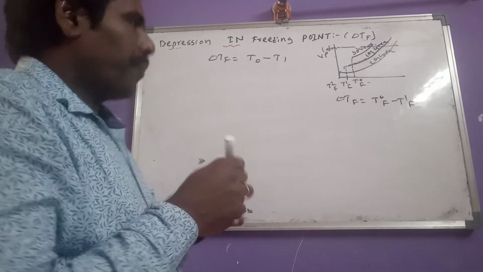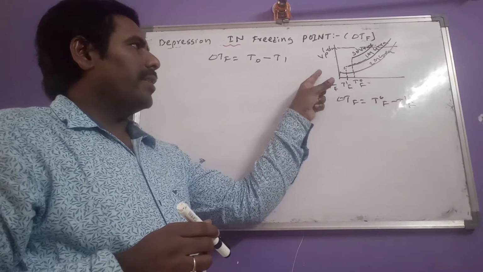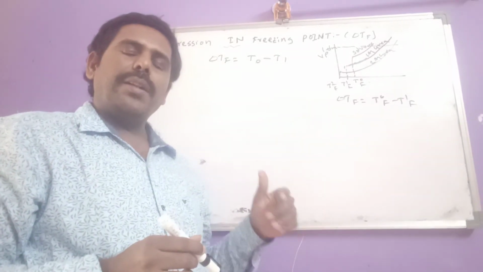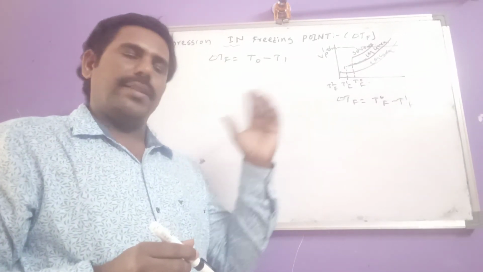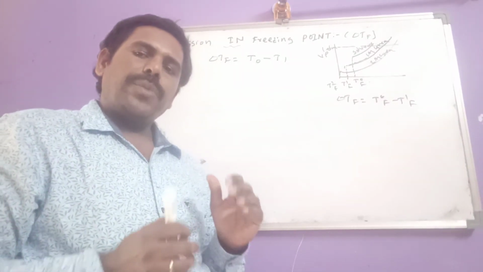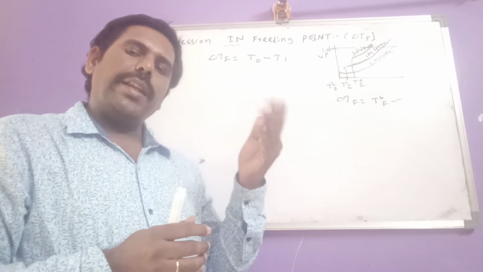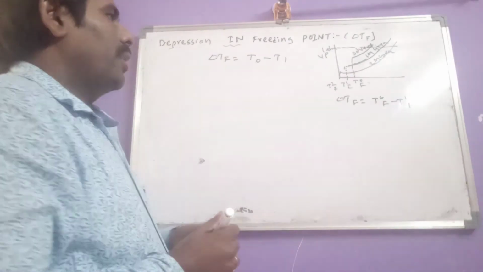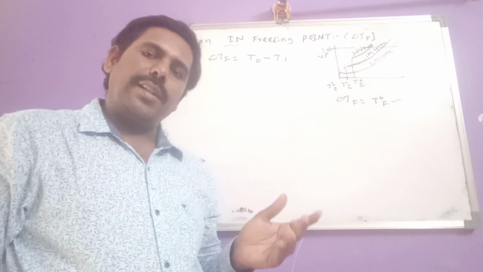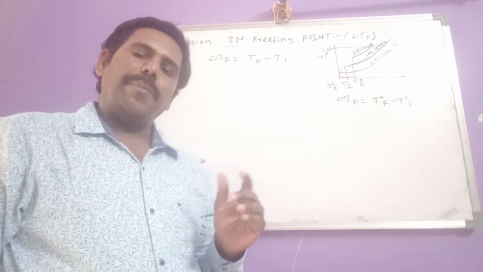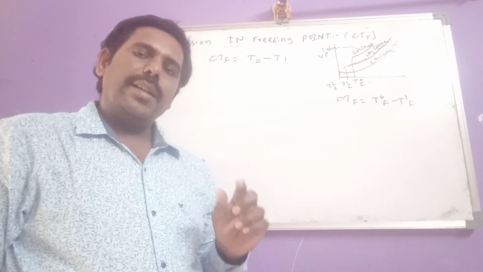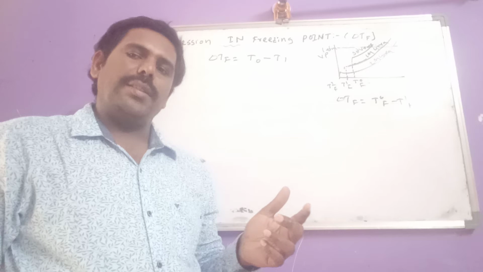Now here also, as concentration increases, freezing point decreases, but delta TF value increases. So delta TF is directly proportional to the concentration, but freezing point is inversely proportional to concentration.